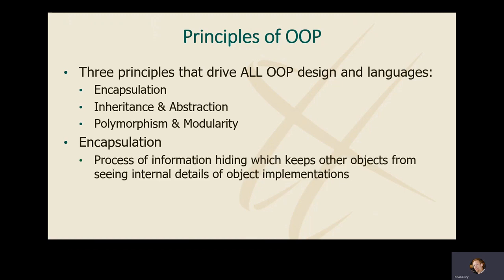Encapsulation is that process of hiding information and more importantly, capturing all aspects of information inside of an object that is necessary for that object to work. Right? So information hiding is part of it. My player, my PC object will have all of the information that I need for my player character to function.